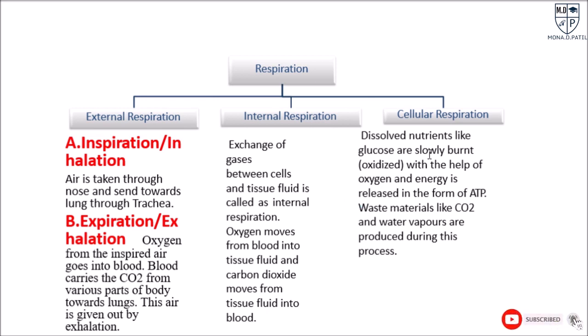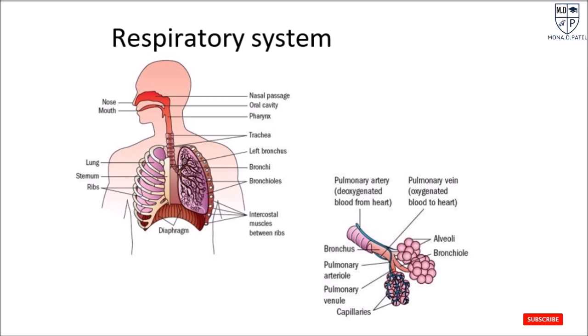Dissolved nutrients like glucose are slowly burned or oxidized. It means they react with oxygen, and energy is released in the form of ATP, adenosine triphosphate molecules. Waste materials like carbon dioxide and water vapor produced during this process are given out, and this is called cellular respiration.